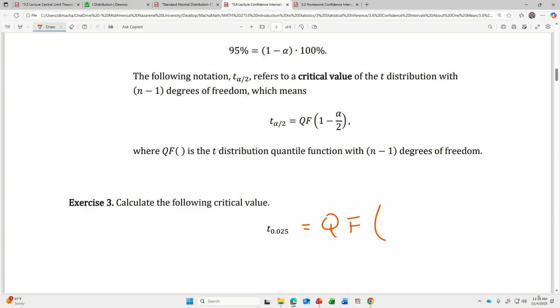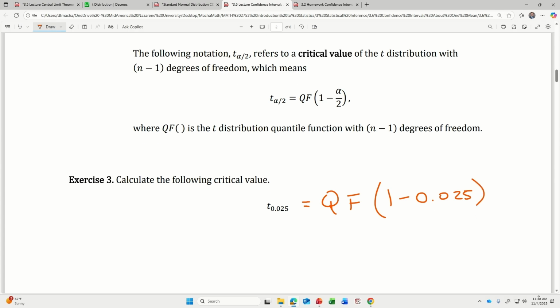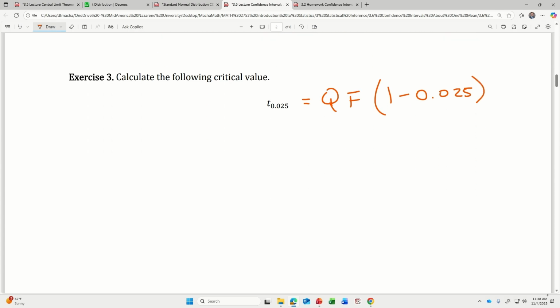And I'll look up 1 minus 0.025. Except that there's only so much room on that page. And so I didn't actually put down the quantile function of what is 1 minus 0.025?